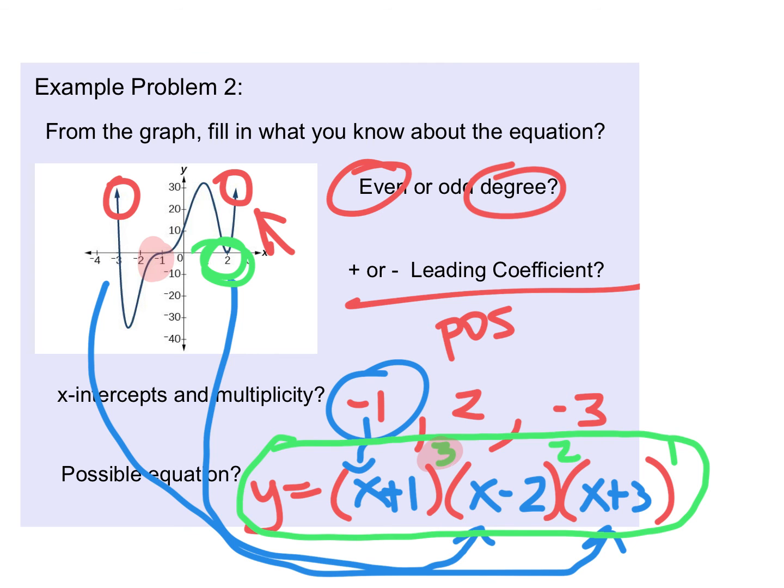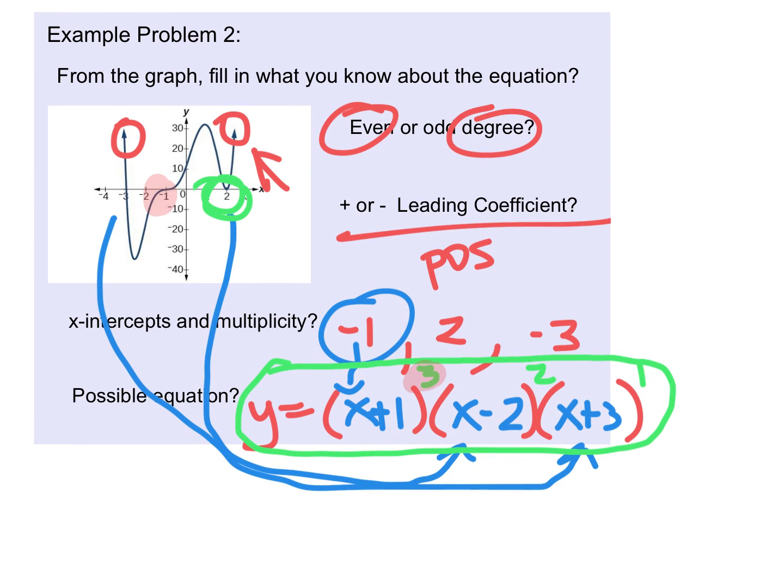The most asked question about these on our last test was, what's the degree, Mr. Server? If I multiplied this all out, this x to the third, this x squared, and this x to the 1, that would make the lead term of y equals x to the 3, 4, 5, 6.